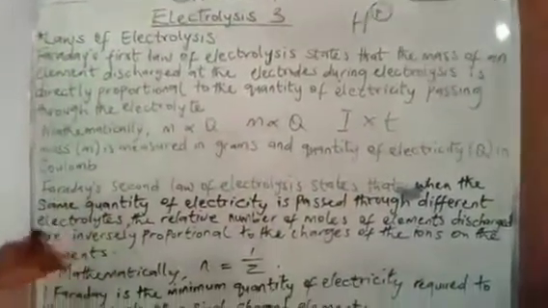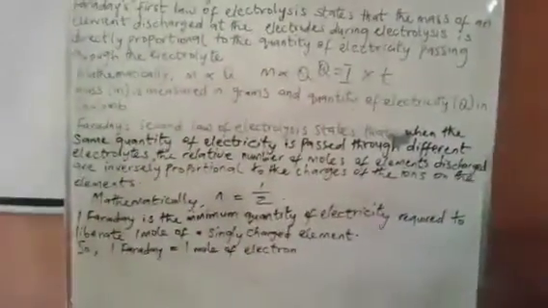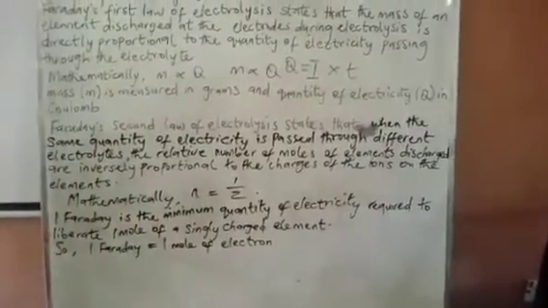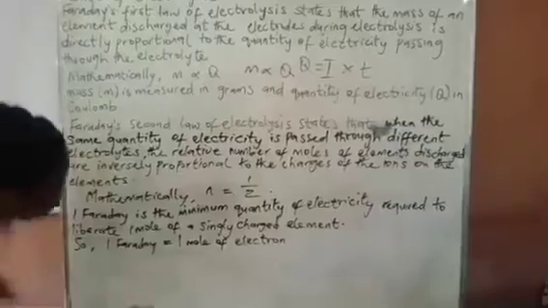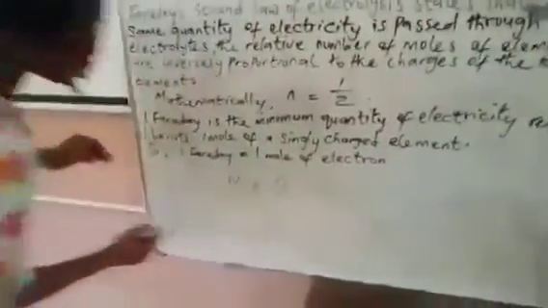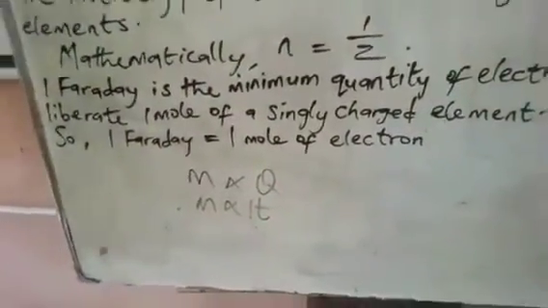So definitely, you can say that Q is equal to I times T, current times time. So if we said M is directly proportional to Q, then if we say that M is directly proportional to IT, we still mean the same thing.